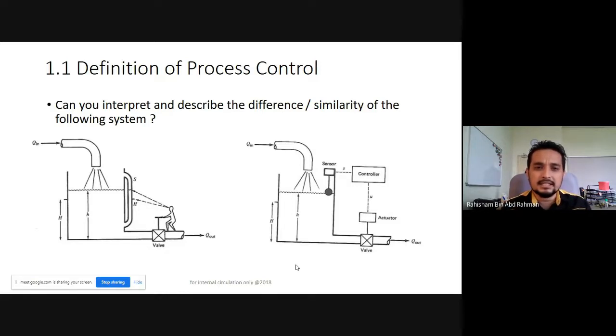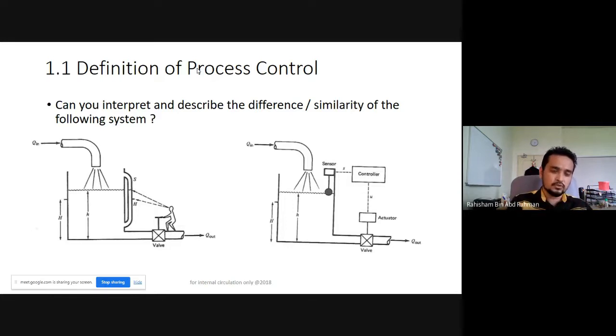As you can see, this is actually a process. If you look at the words process control, process can be interpreted as one thing, and control can be described as another. Process is something that, as we know, is processing.